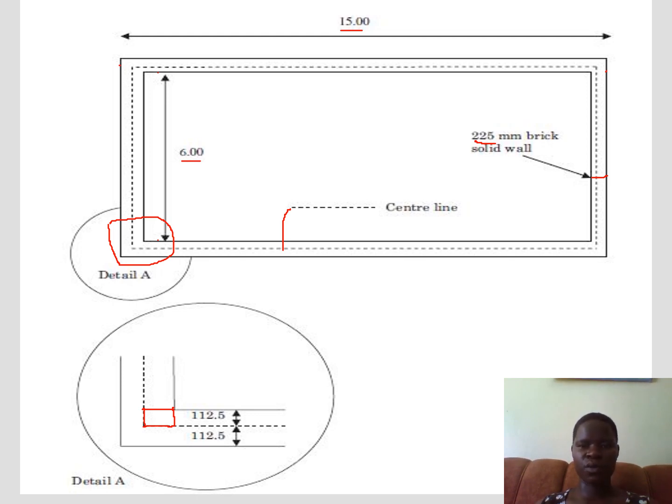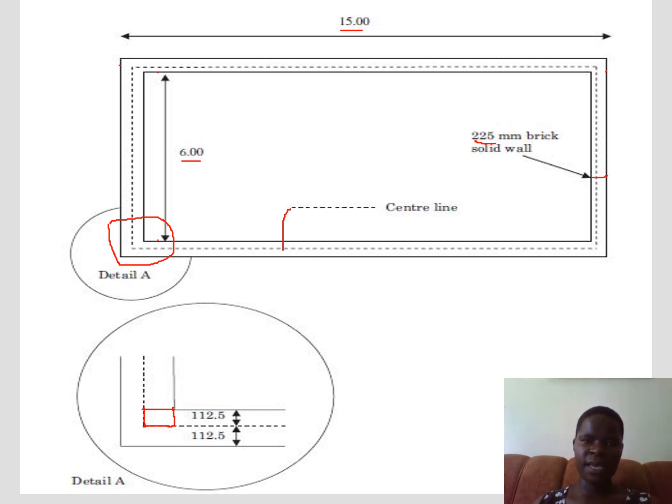Now let's get to our calculations. We have the external length, but we don't have the internal length. So we will begin by calculating the internal length by subtracting 2 times the thickness of the wall from 15 meters. After getting the internal length, we calculate the internal perimeter by using the usual formula for the perimeter of a rectangle, that is 2 into length plus width.